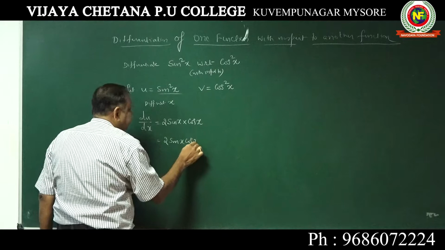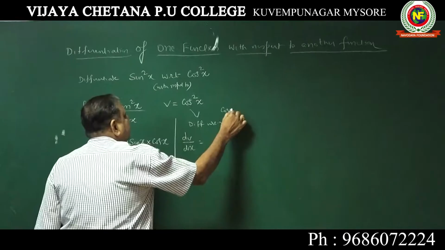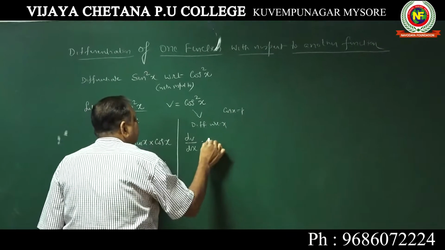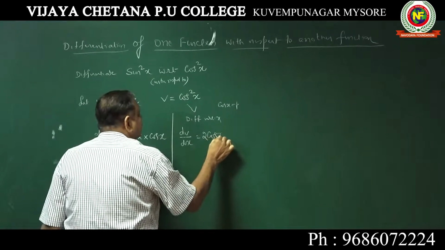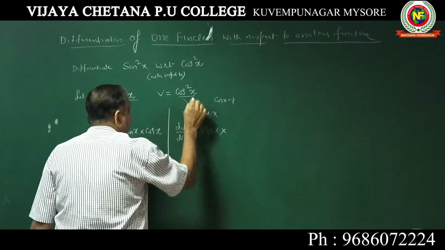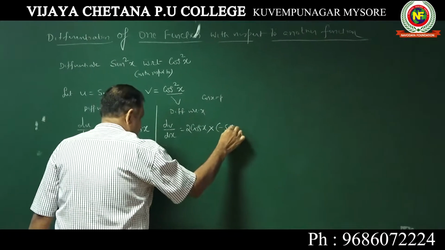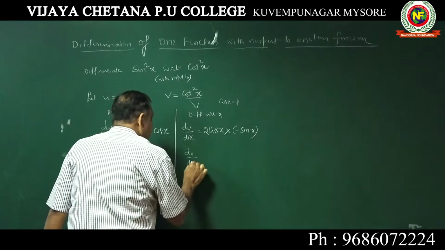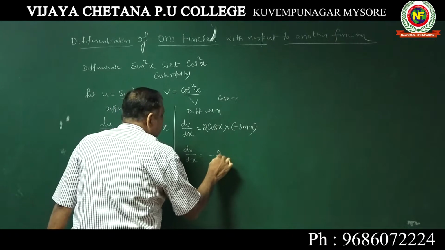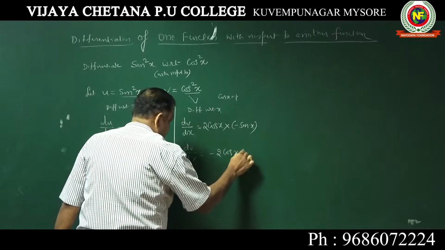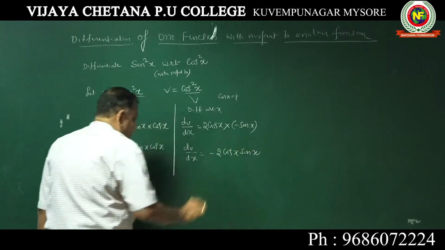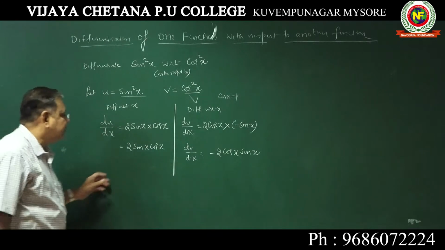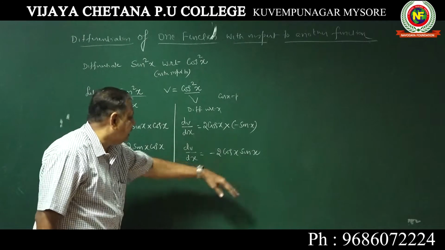Then for v, p square is 2p, 2 cos x into differential quotient of cos x, that is minus sin x. Or dv by dx is equal to minus 2 cos x sin x.